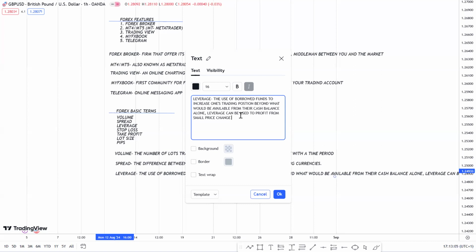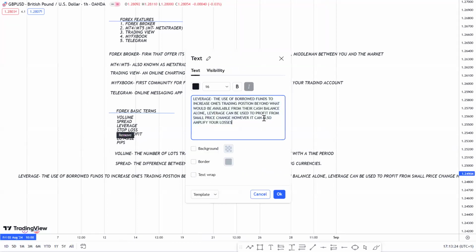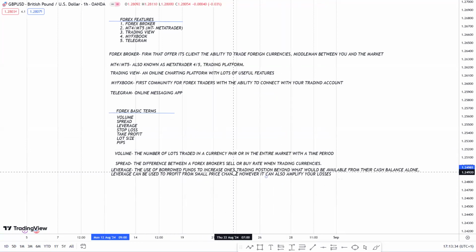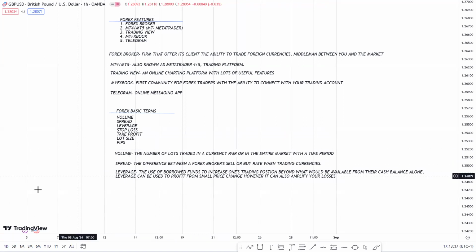However, it can also amplify your losses in the market. Let me make this smaller. Okay, good. It can also amplify your losses in the market. So these things you have to take note about.